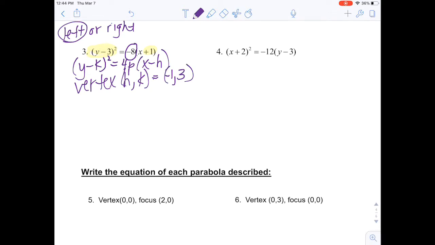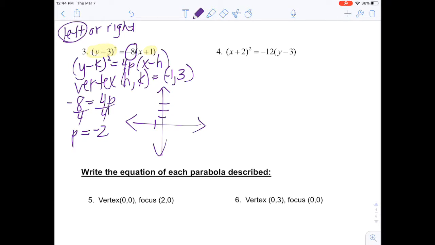-1, 3. All right, I'm going to set the -8 equal to 4p. That's telling me p is equal to -2. Now p is the distance from your vertex to your focus and your directrix, so it's an absolute value. So what I'm going to do is sketch my line. Need to put in my vertex, so the vertex is (-1, 3).